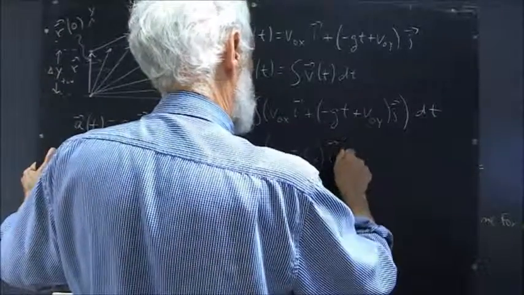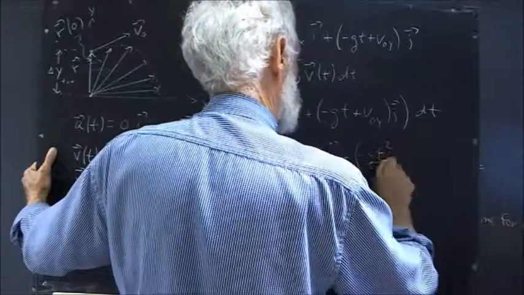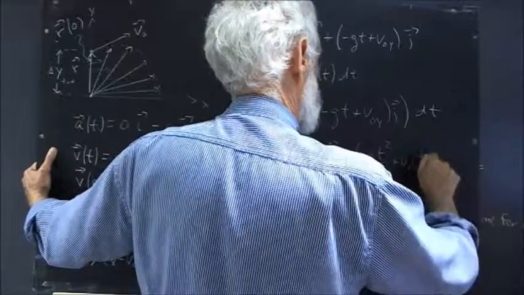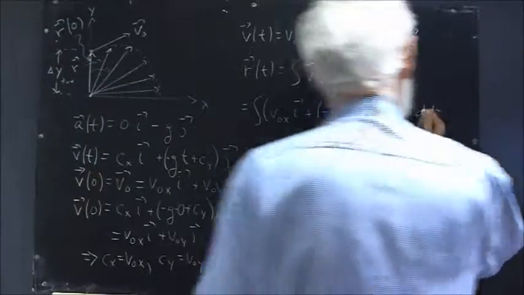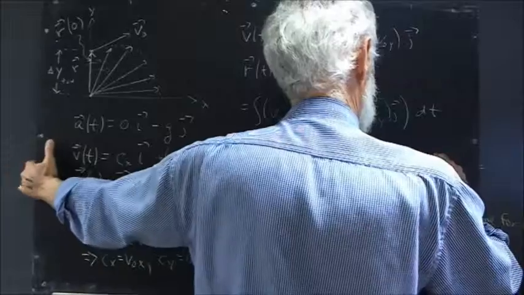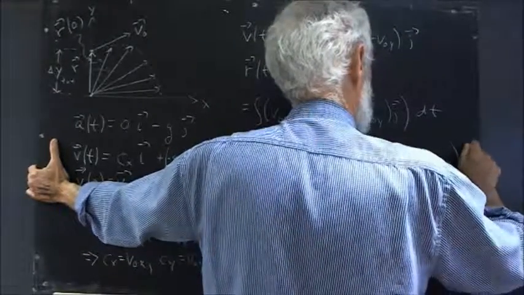So it's this times i plus, well, the integral of this with respect to t is negative g t squared over 2 plus v0y t, plus a cy times our j.